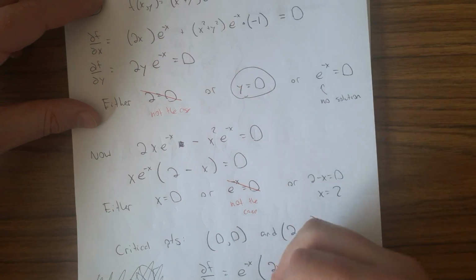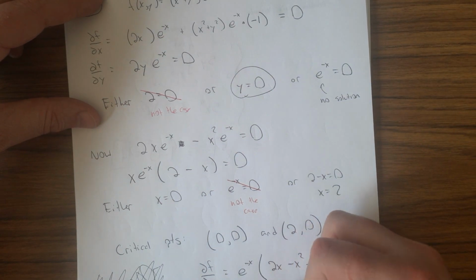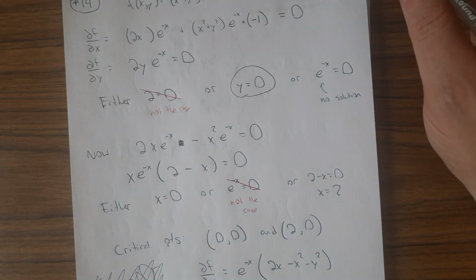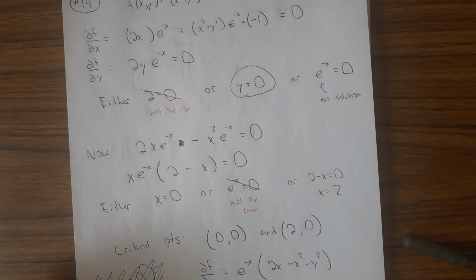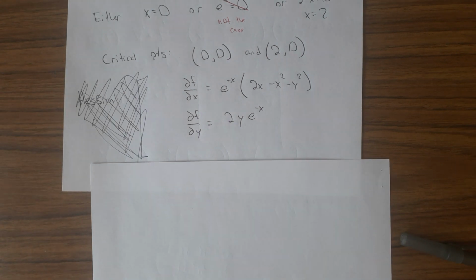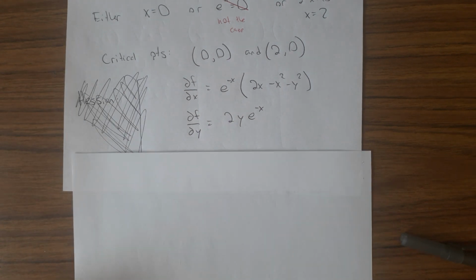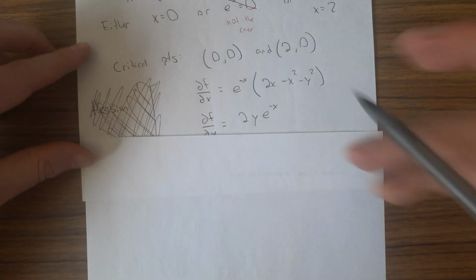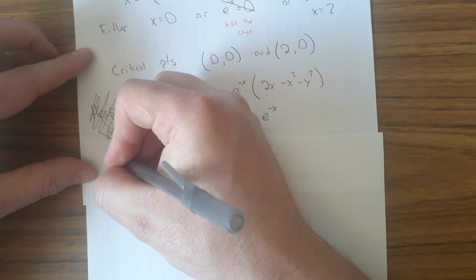Maybe for this one there's nothing really to do, so I'll just write it that way. Okay. Now the Hessian is not going to be that fun, especially this one.